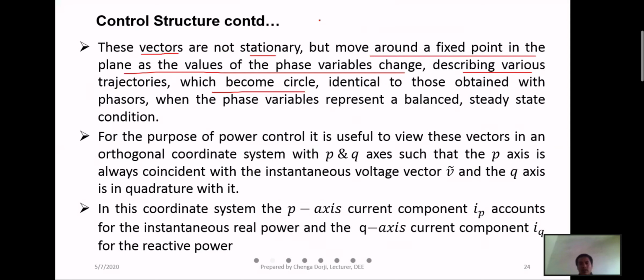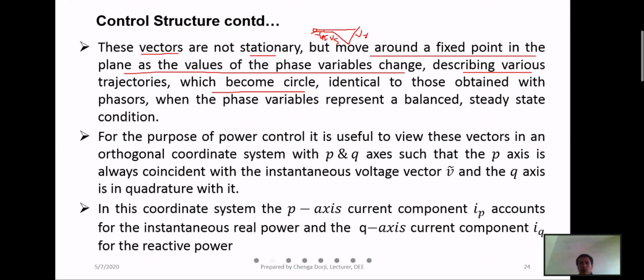That we have seen in the circle. Suppose here we have Vs and Vr. When you are injecting VPQ on this side, this is your V1PQ, the compensated or injected voltage.